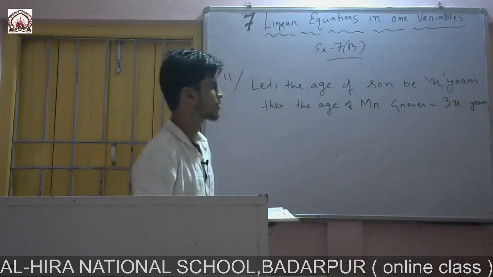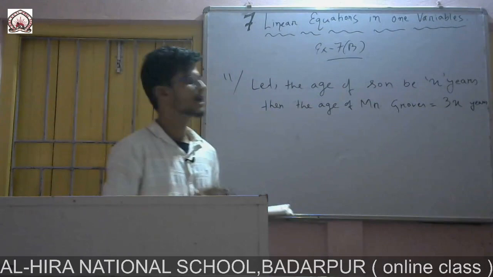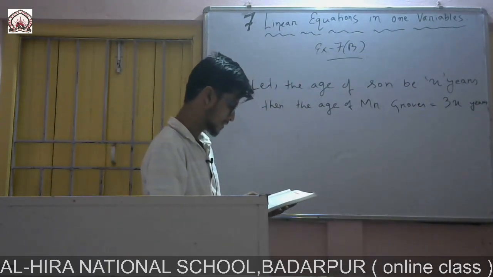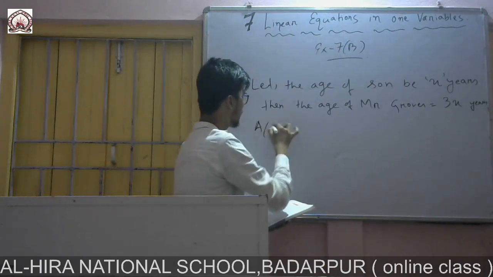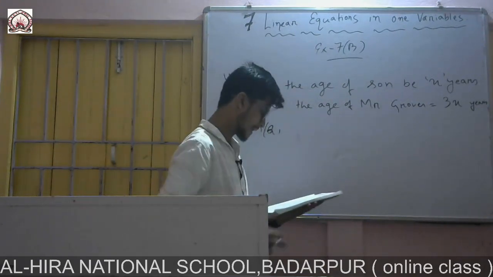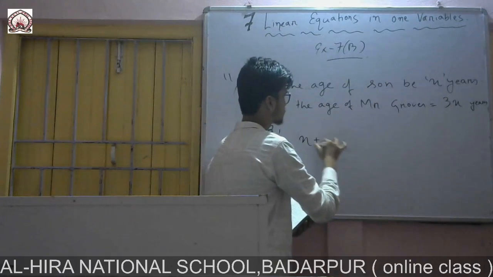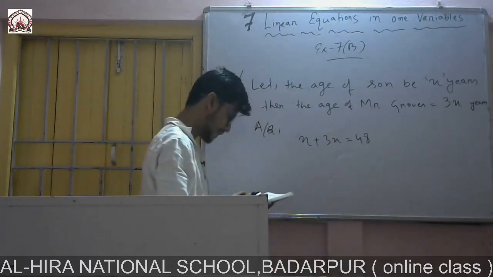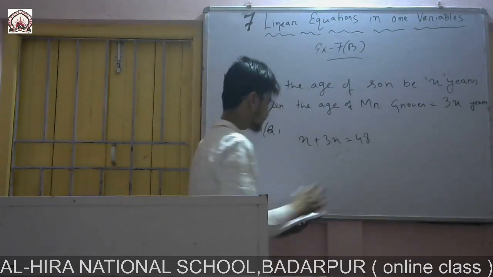Then the age of Mr. Grover will be 3x years. So now the question is that the sum of their ages is 48. Sum of their ages is 48, that means x plus 3x equals 48.